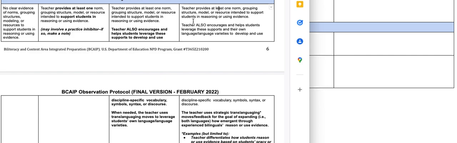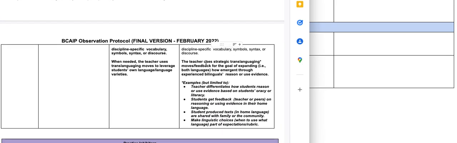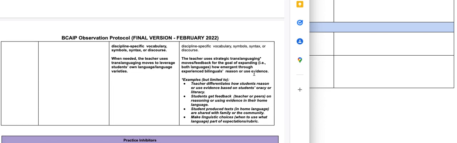Same with this next one. At a level 3, the teacher also encourages and helps students leverage these supports. And the teacher uses strategic translanguaging moves for the goal of expanding how emerging through experienced bilinguals reason or use evidence.